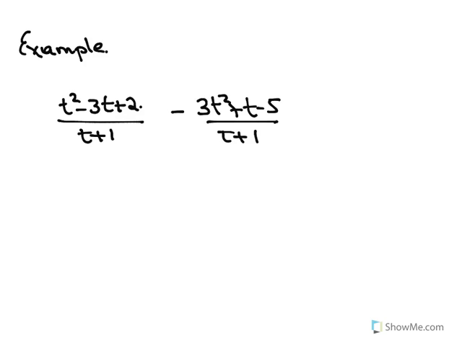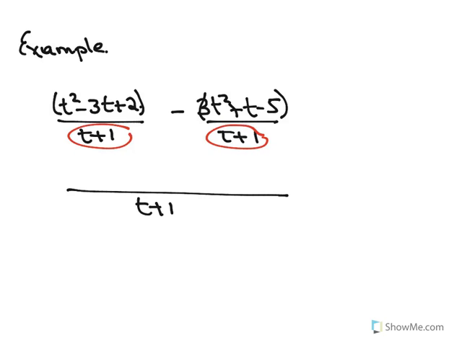We're working with page 435 of your textbook. Okay? Good idea, let's put this in parentheses, because there are expressions that have several terms. So copy the denominator since it is the same, and then I'm going to take care of the numerators. Don't forget the parentheses: t squared minus 3t plus 2 minus parentheses 3t squared plus t minus 5.